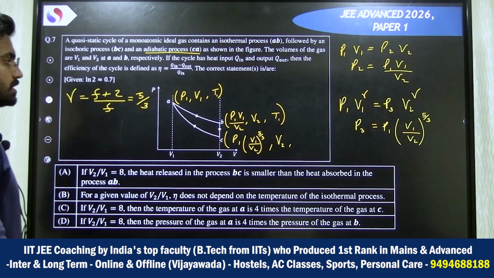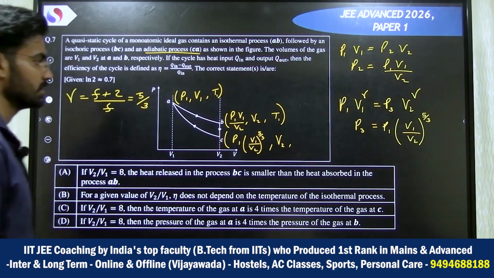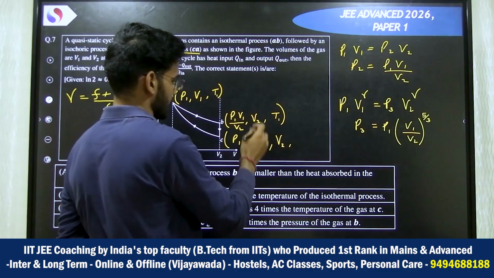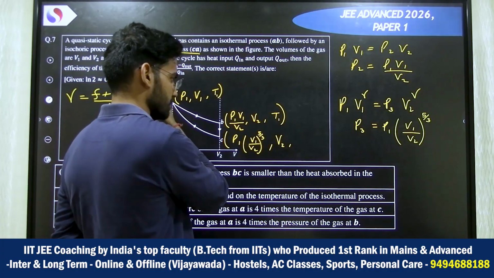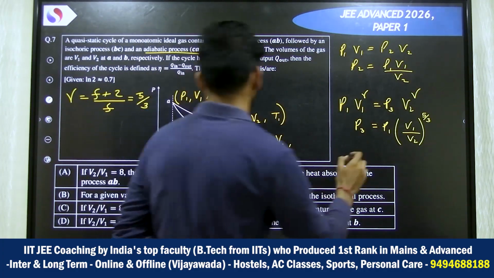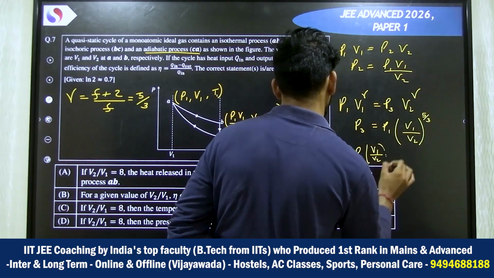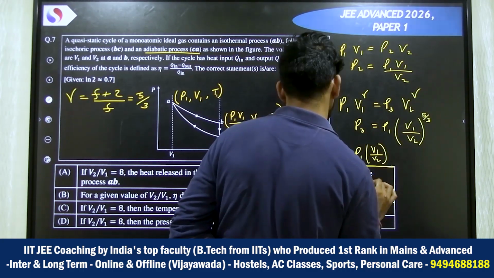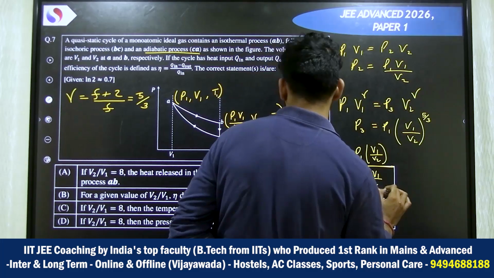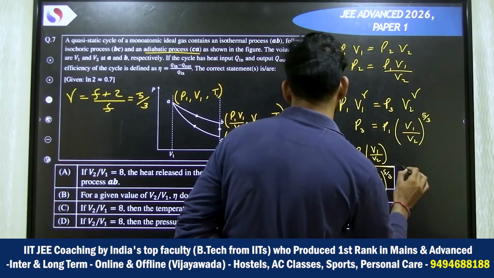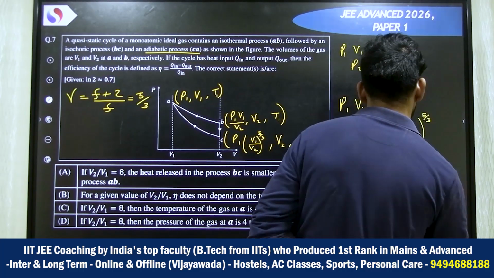Temperature also you can write down now. Go by the isochoric: volume is the same, so pressure is proportional to temperature. So P1 V1 by V2 divided by P1 into V1 by V2 to the power 5 by 3 equals T1 by T3.